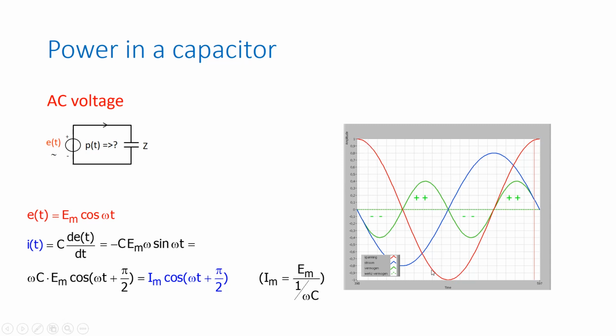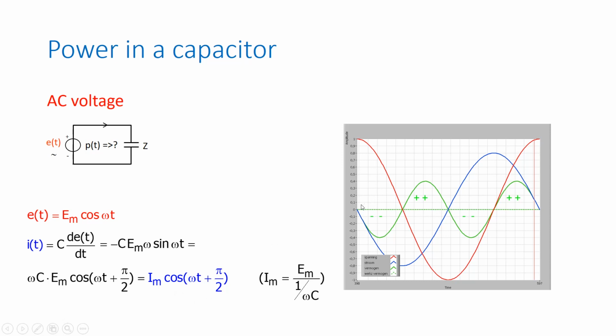In this plot, the red curve is my voltage, which is my cosine wave over here, with an amplitude in this example of 1, and the current is the blue line over here, and we see that the peak value of the current is sooner in time, related to the peak value of the voltage. So we can say again that the current leads the voltage by 90 degrees, what we expected by this expression.